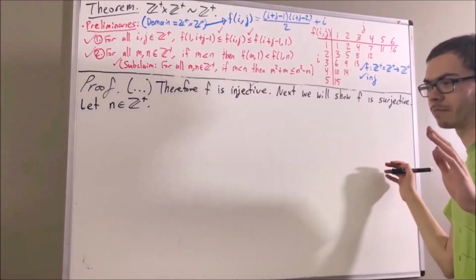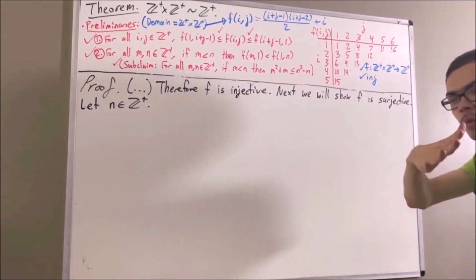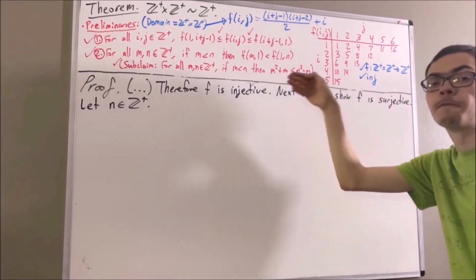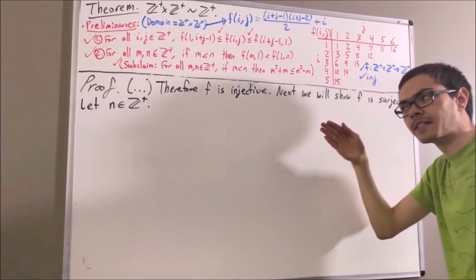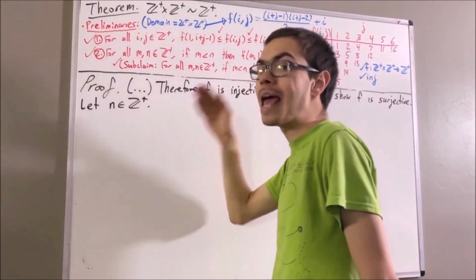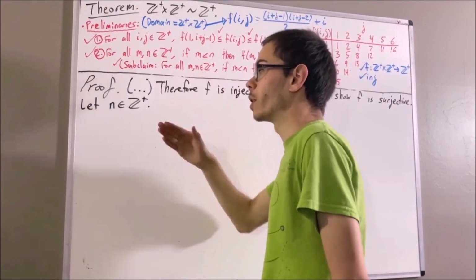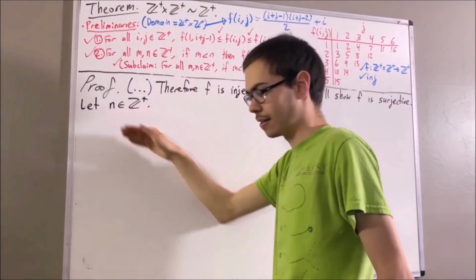How do we do that? Well, I will explain the thought process after we prove the following claim. We claim that there exists a positive integer m such that f of 1 comma m is greater than n.